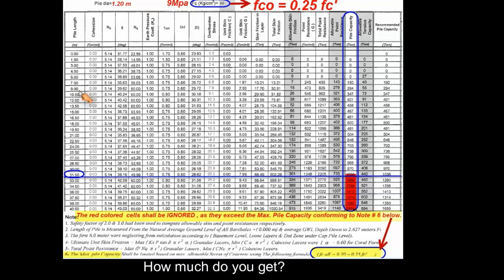How much do you get? You get 34. So 34 is here. So how much should be the base of the pile? It should be 1410. Wait, how 1410? This pile was a column collapsing at 1000 something, so I'm sorry, I will not use this value. I will use this value, your value as a column.